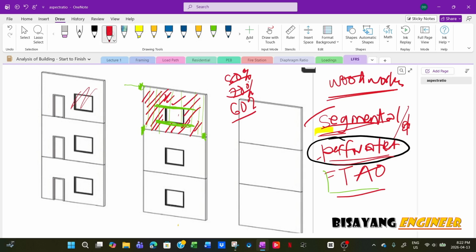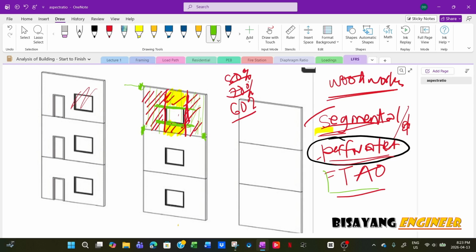So the only difference is at this location, because there's an opening, this portion of the wall carries much higher shear than the solid one, like this one here.